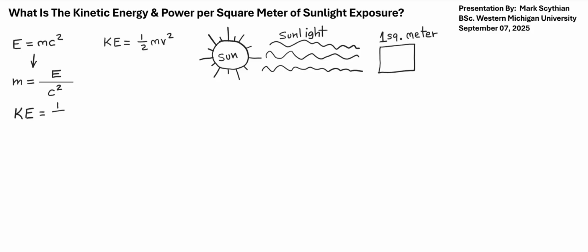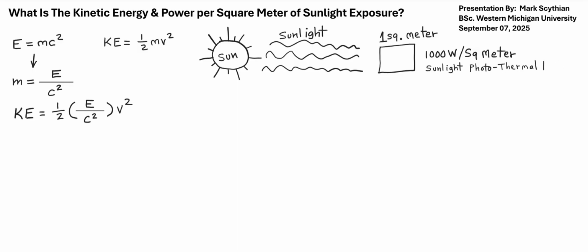So it is understood that 1 square meter is going to receive 1,000 watts per square meter of sunlight photothermal power. So it's over the function of time, so 1,000 joules per second or 1,000 watts, where 1 joule per second is equal to 1 watt.